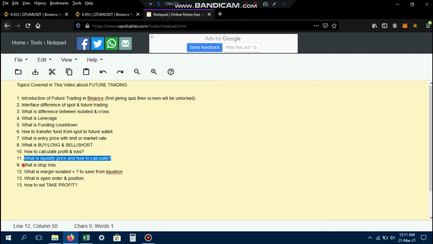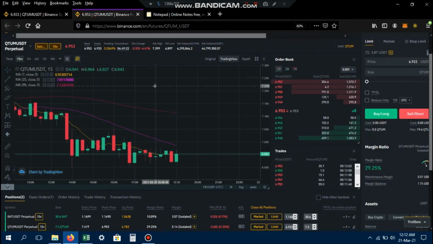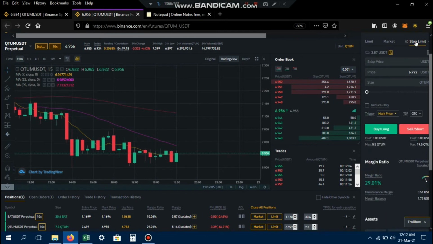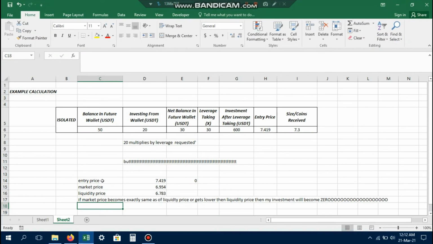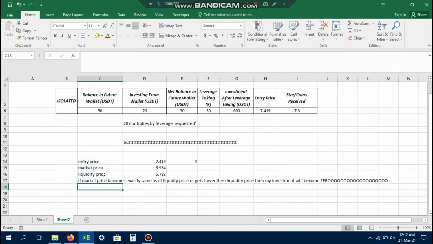Now the next question is, what is stop loss? You can see over here, stop limit or stop loss, both are the same thing. Now for example, over here you can see that your liquidity price is 6.783 and your entry price was 7.49. Forget about the market price right now.